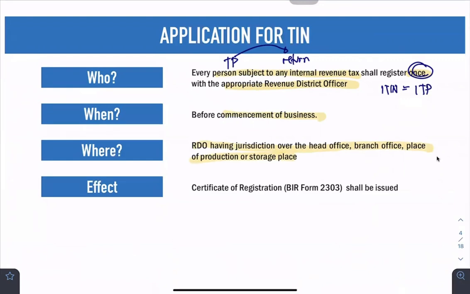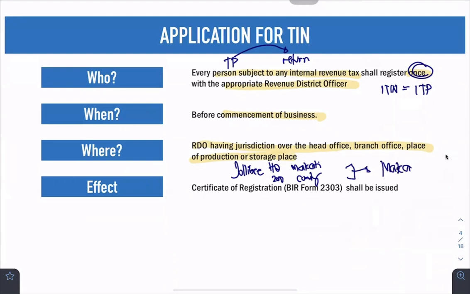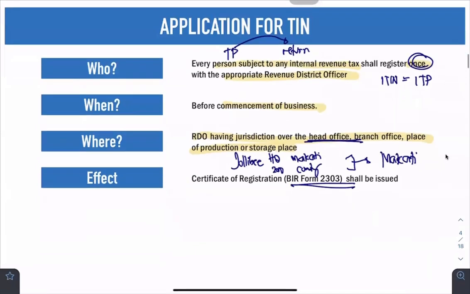Let's say, for example, we have here again your Jollibee. The headquarters is in Makati and it has 200 branches all over the country. Where will Jollibee register? In Makati City, because that is the head office of Jollibee. And the effect is that it will be given BIR Form 2303. But take note, this will only be given to business type taxpayers.